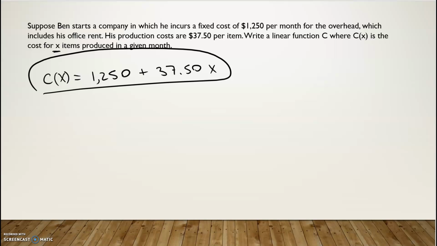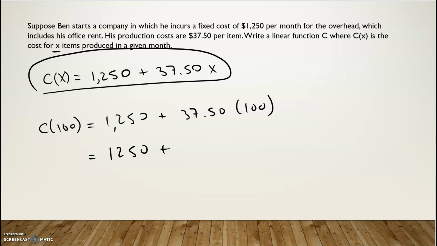Now, if you wanted to figure out how much it would cost to produce 100 items, all you would have to do is substitute 100 into this formula. So that would be 1,250 plus 3,750. Then if you add those together, you would get 5,000. So it would cost him about $5,000 per month to produce 100 items.